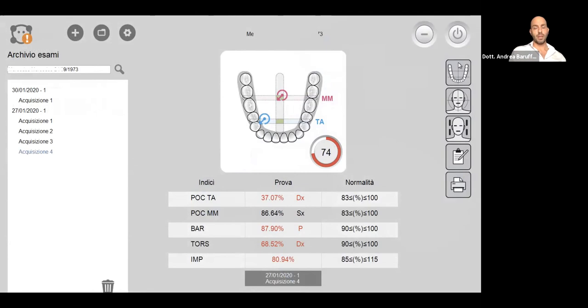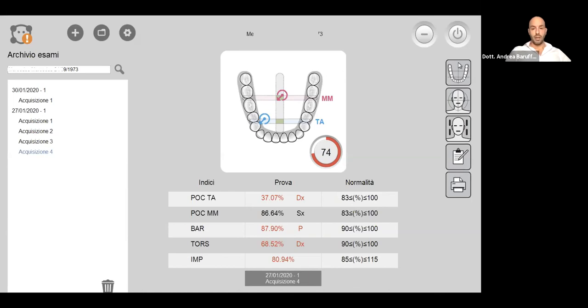These are the indexes that we collected before the osteopath treated her, and we can see that again the pain is related to a mandibular torsion, because the right temporal muscle is working more than the left temporal muscle, and the left masseter muscle is working more than the right one.